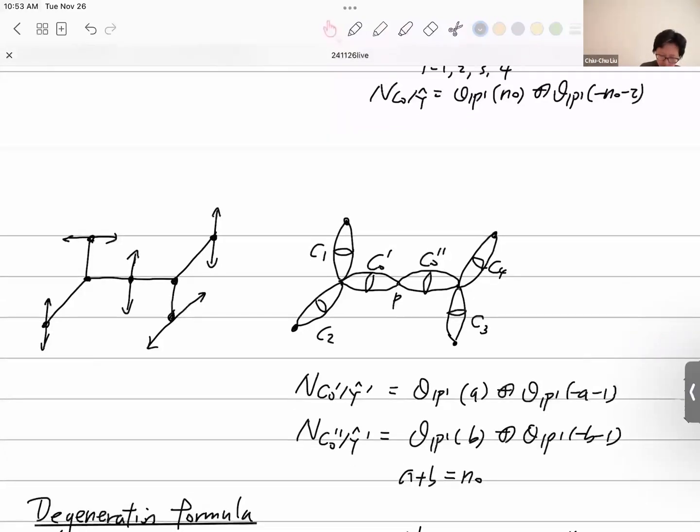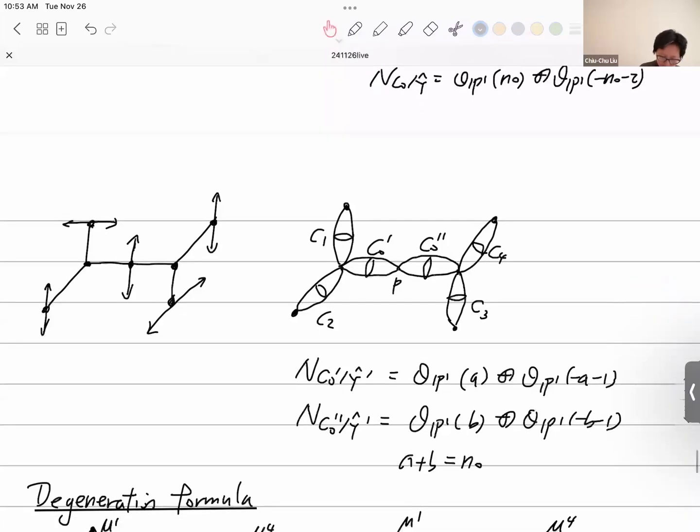The log Calabi-Yau or relative Calabi-Yau condition tells us the degree of the normal bundle of C0 prime and C0 double prime is -2. Then the framing vector will tell us this splitting together with the action of the Calabi-Yau torus.